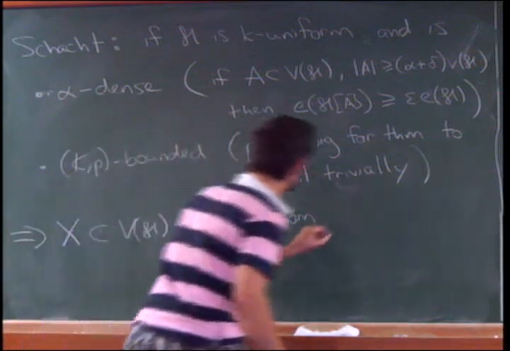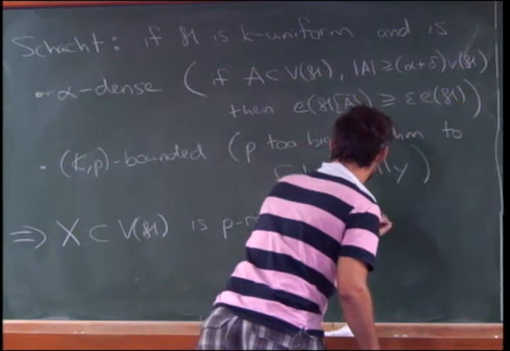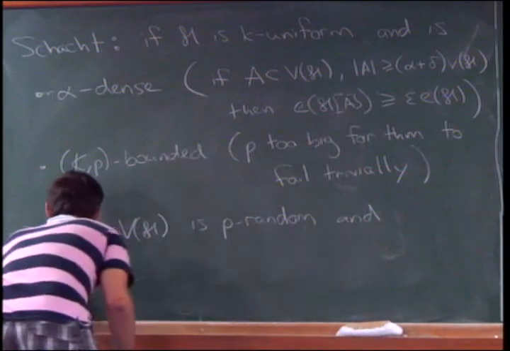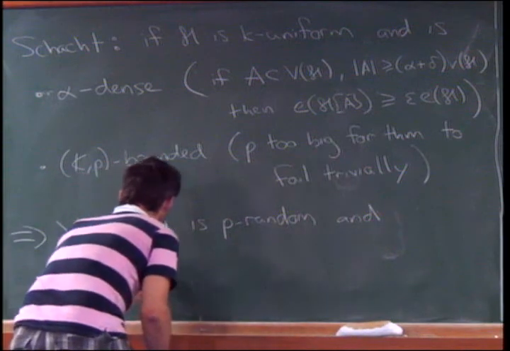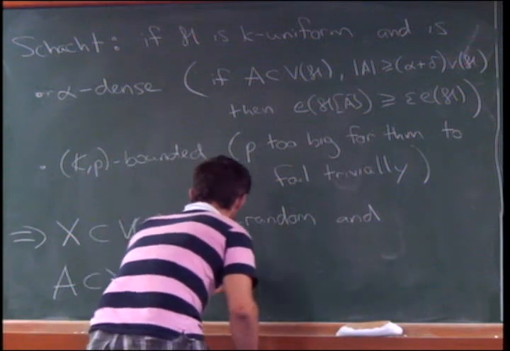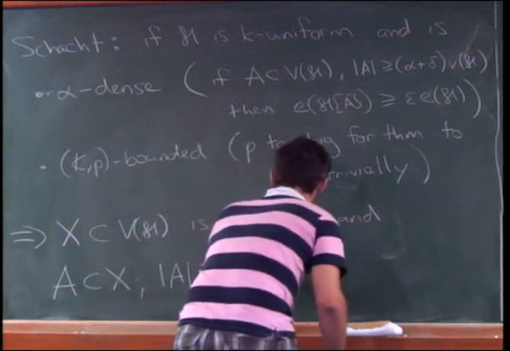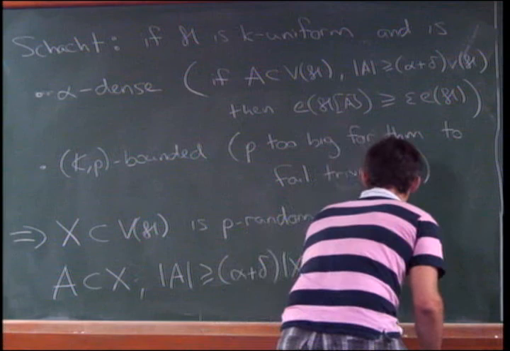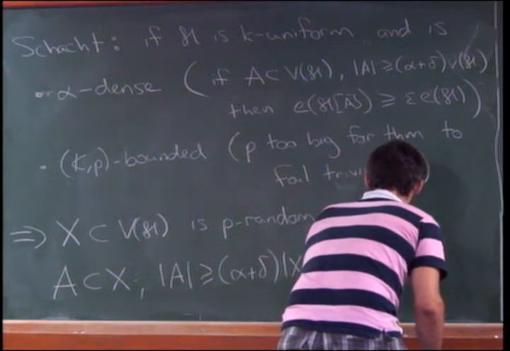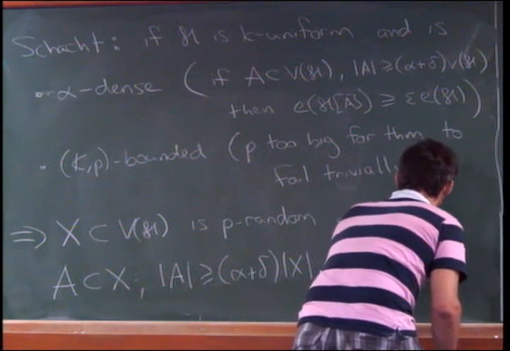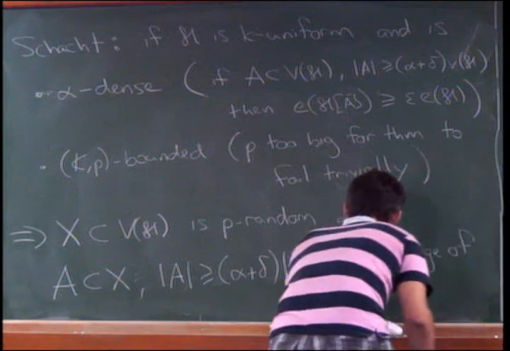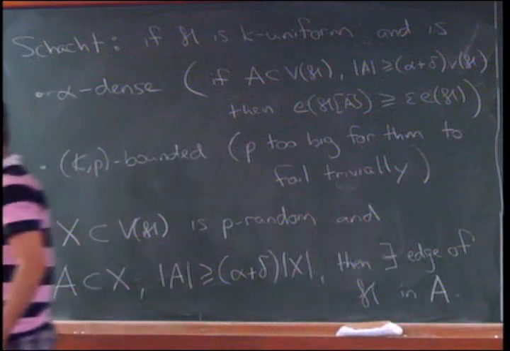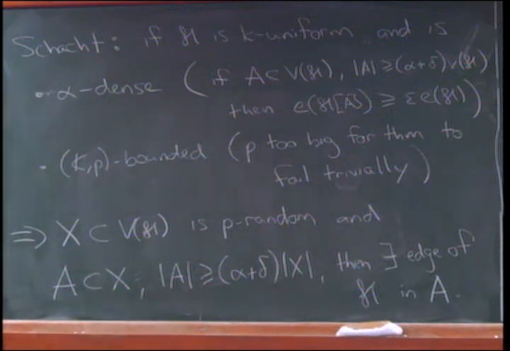It's p-random, and A is a subset of X of size at least (alpha plus delta) times |X|, then there exists an edge of H in A. Okay.